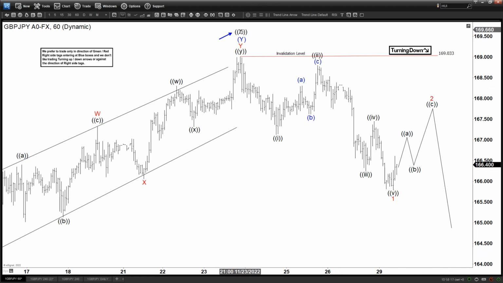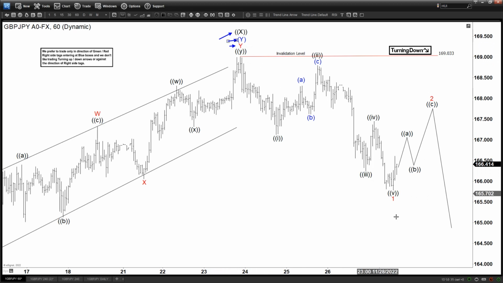Now within the Y leg, we have a wave 1 here. So remember, if this is 1 and 2, then we should be expecting 1, 2, 3, 4, 5. And now this red label here is the same degree as this one, and then this is a lower degree than the blue one, right?